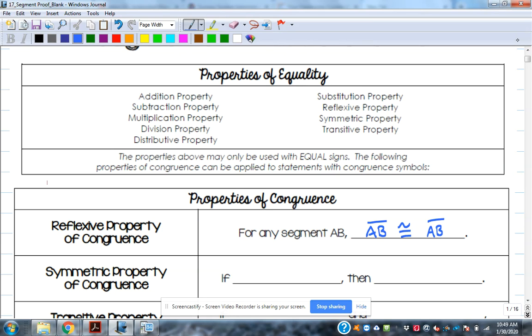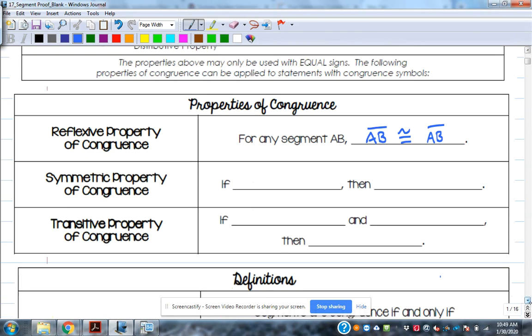Yesterday we didn't have anything else to mix in there. So we'll mix in these properties of congruence, and they have the same names as some of those properties. So we got to be careful of that. And then the symmetric property of congruence means if we've got two segments in this case that are congruent to one another, then the symmetric property does what?